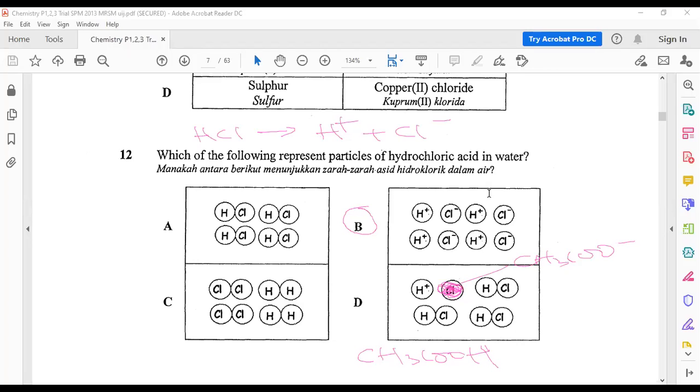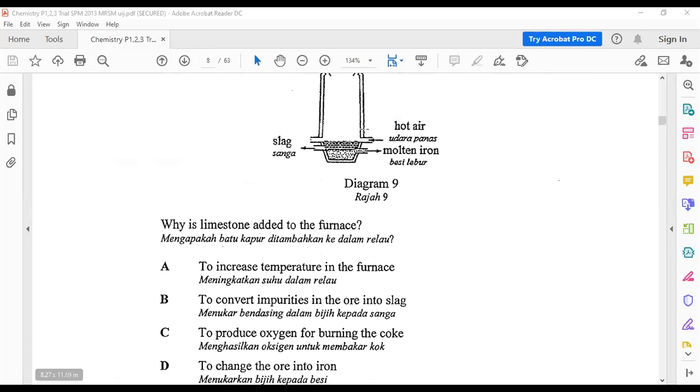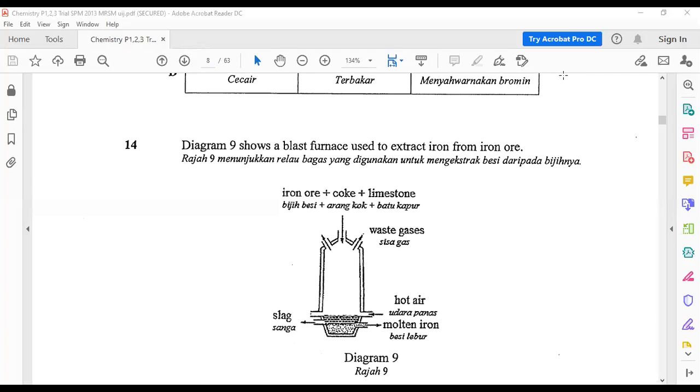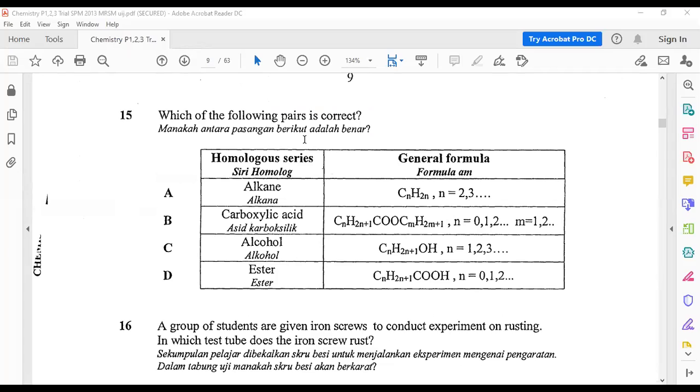Now we continue with number 15. What does question 15 ask us? We want to pair up the homologous series, which one is correct, with its general formula. Now, for part A, why is it wrong? What should it be?